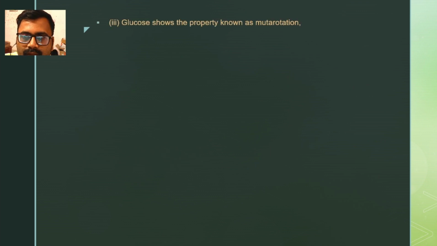Another is that glucose shows a property known as mutarotation. In case of normal aldehyde or normal ketone, generally they do not show the mutarotation property, but glucose shows the mutarotation property.